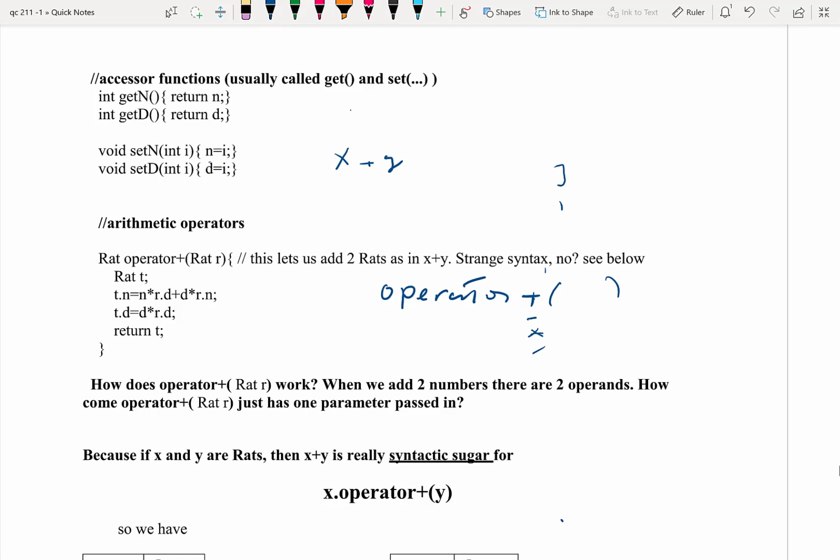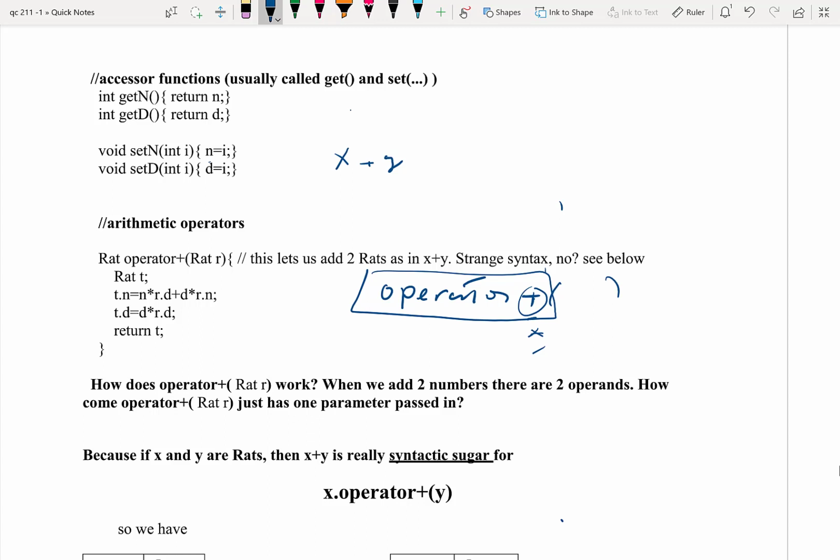And even though operator plus is called operator plus, we can make it do anything when we define the function, because these are just built-in names of functions, but they don't mean anything. We can do anything with these names that we want.